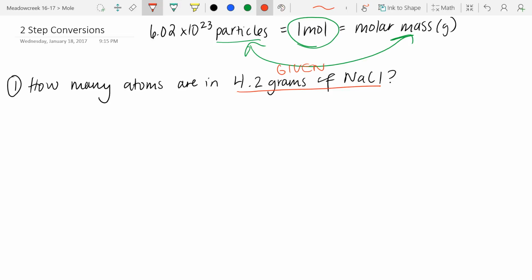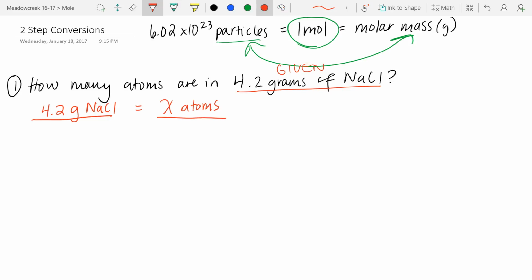So we're going to set up our problem the exact same way. I want 4.2 grams of NaCl is equal to X number of atoms. Okay, I create my fraction. We know that whatever unit I have on the top of my fraction also needs to appear at the bottom.